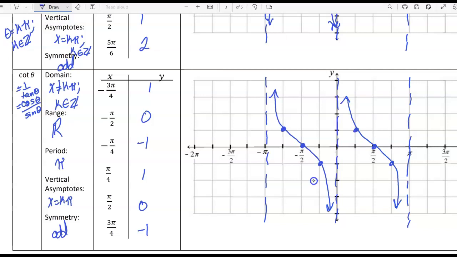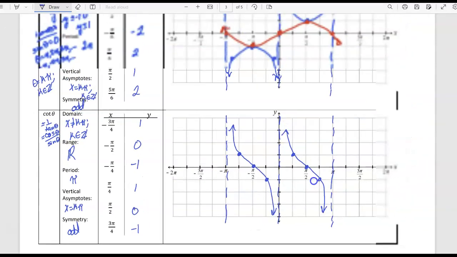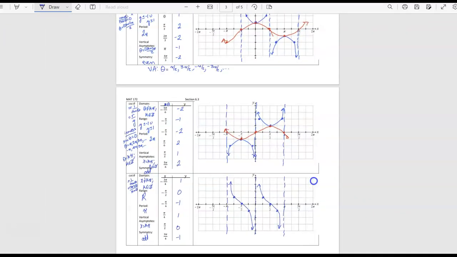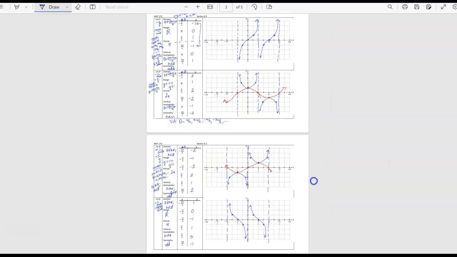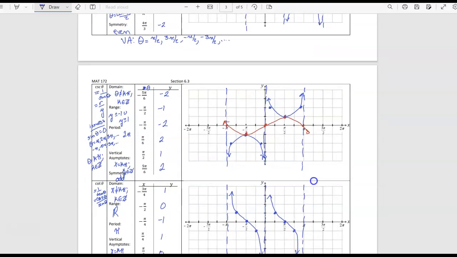So there's our cotan, and I'll just kind of zoom in so you can compare with tangent. So you can see some differences between this guy and this guy, but a lot of similarities too. All right, so those are the 6 trig functions and domain, range, asymptotes, period, etc. for those.